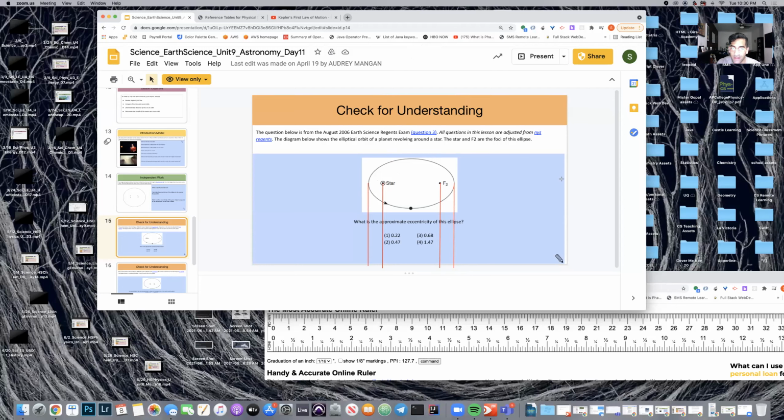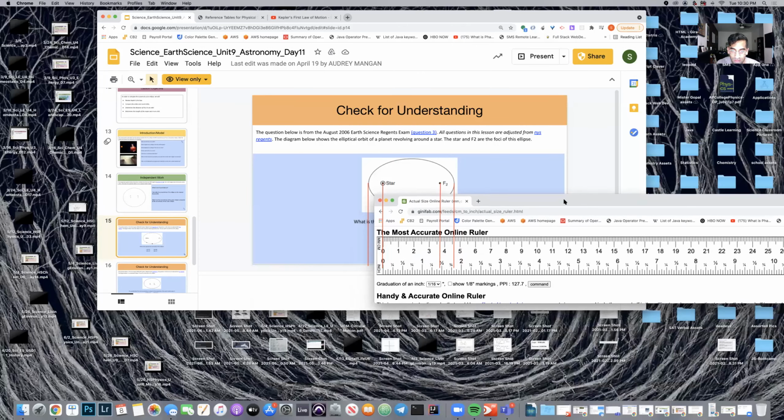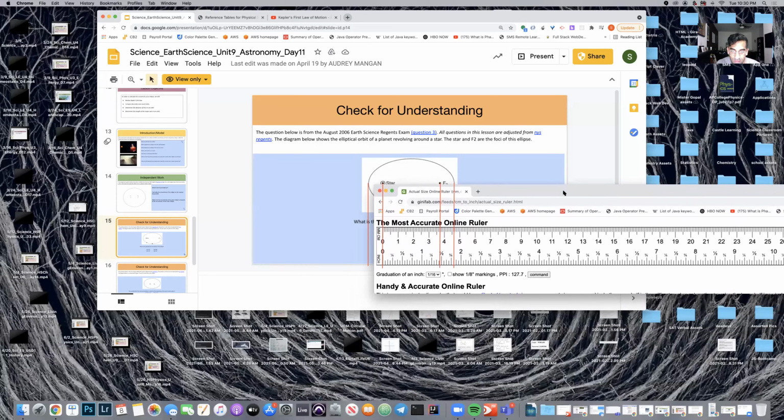So first I'll line up this ruler so that I can see the distance between the focal points, one of which is the star, as it says in the question. The star and F2 are the foci. So the length of the foci looks like it is 3.2. I'm going to write that down here.